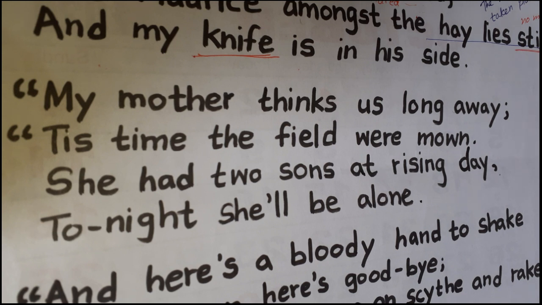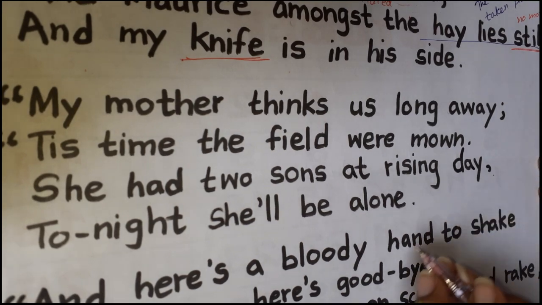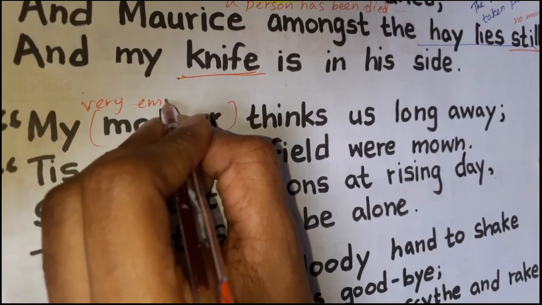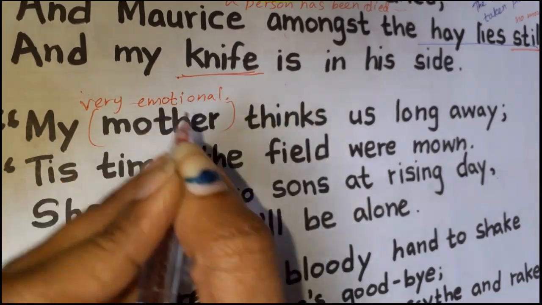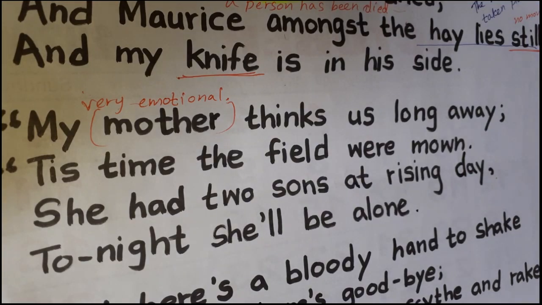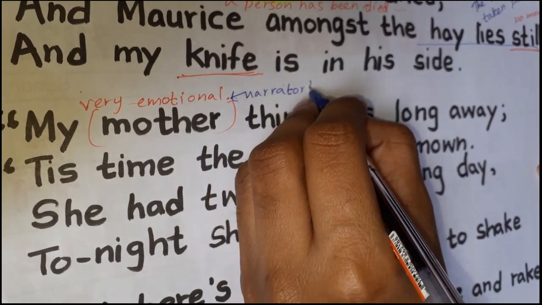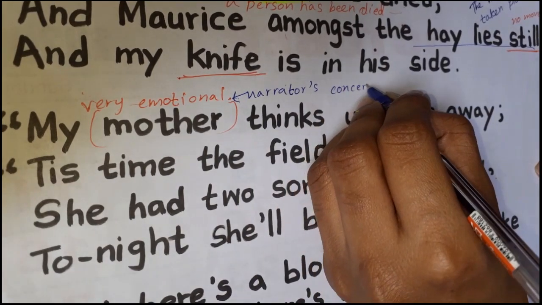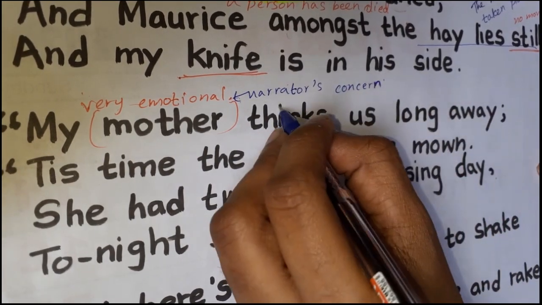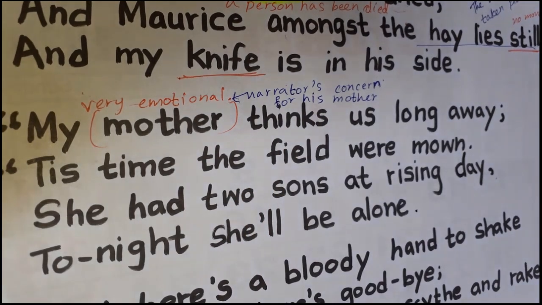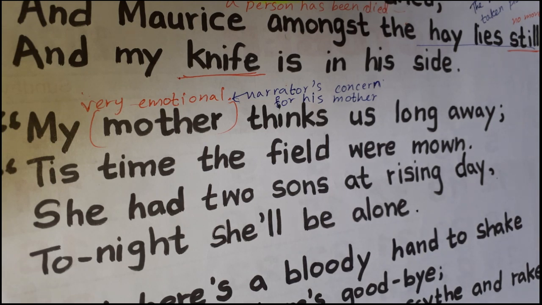So this stanza is very emotional actually, because it mentions the mother. You can understand that this reveals the narrator's great concern for his mother, but he has already done a crime now.